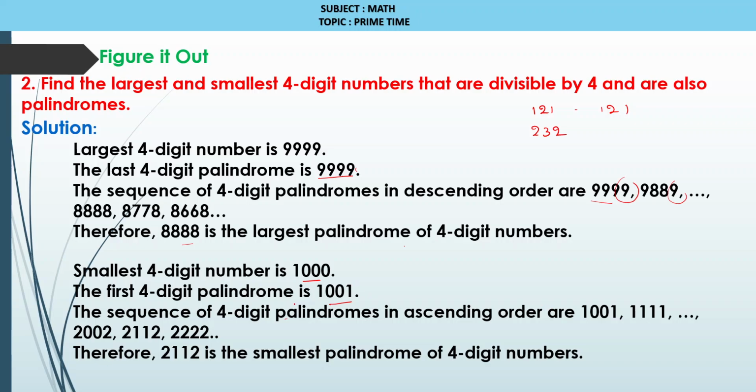So, the smallest 4-digit palindrome that is divisible by 4 is 2112, because we know that if the last 2 digits are divisible by 4, then the number is divisible by 4. Therefore, in 2112, this 12 is divisible by 4. Therefore, this is the smallest 4-digit palindrome which is divisible by 4.